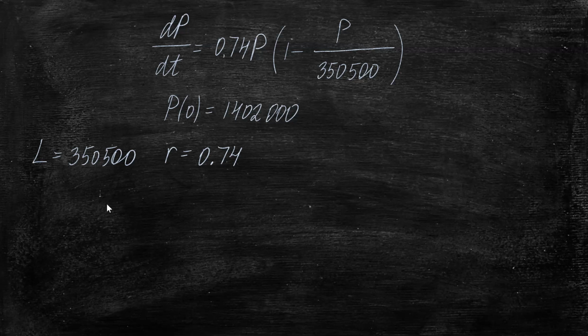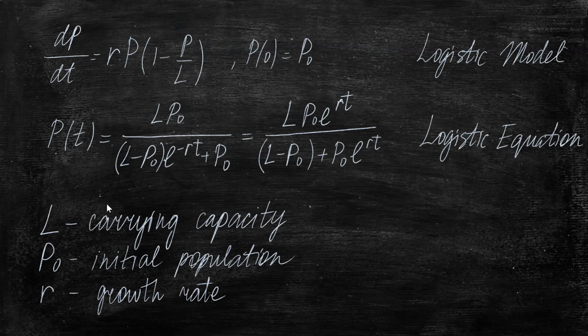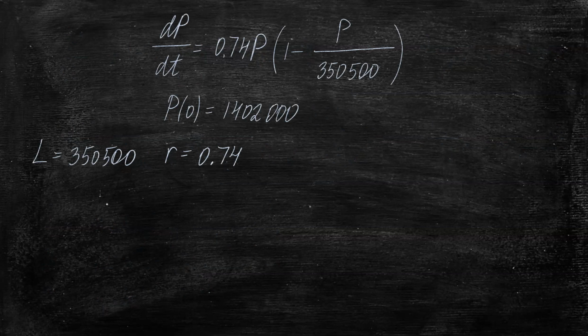So we don't have to resolve it again. We can just write the solution using this formula. Just pick which of these two expressions you would like to use, and I'm just going to pick the one on the left, and I'm going to apply it. So the solution to this problem will look like this.